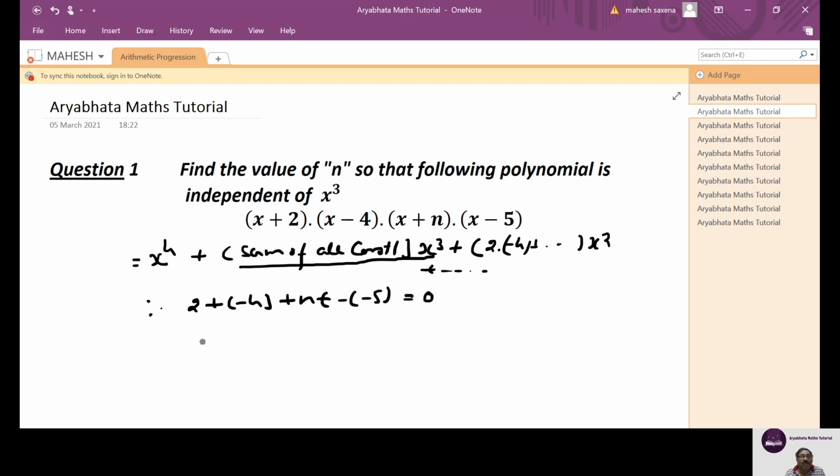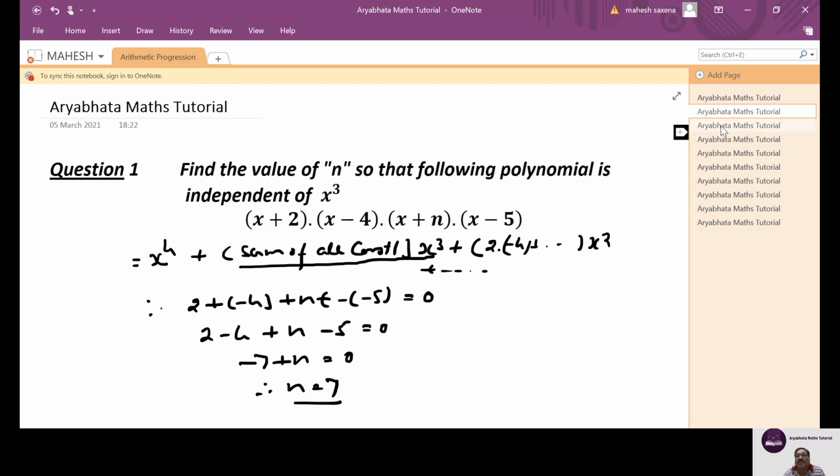That is, 2 minus 4 plus n minus 5 is 0, that is minus 7 plus n is equal to 0. Therefore, n is equal to 7. If n is 7, then there will be no term containing x cube.